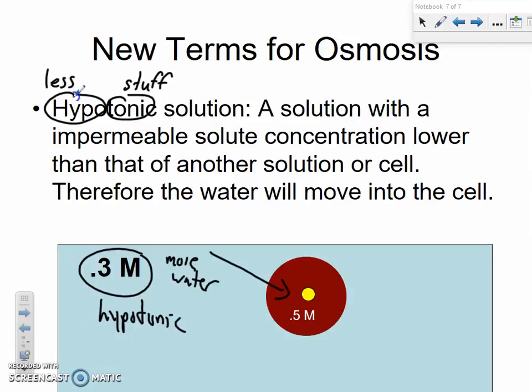Plant cells have a cell wall, and they do not explode. They actually get, it's called turgid. They get turgid. That's actually good for plants. We'll summarize what's good for plants and animals on the last slide of this.